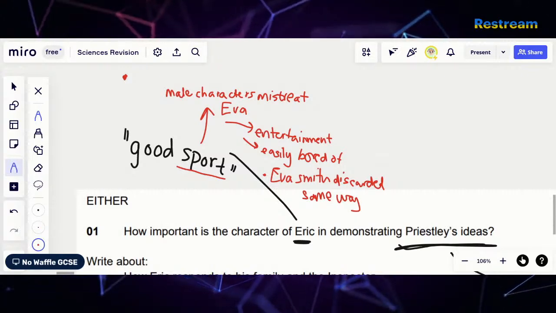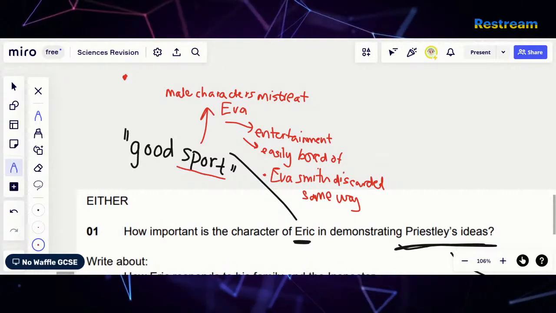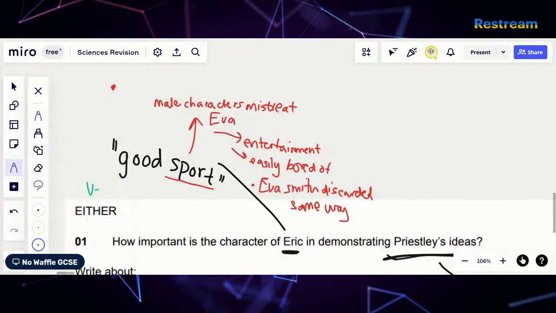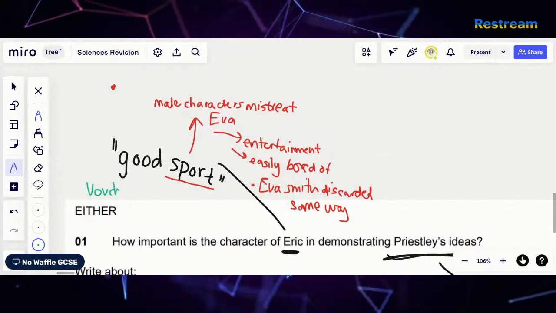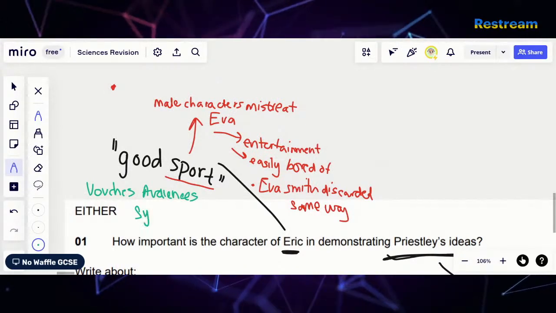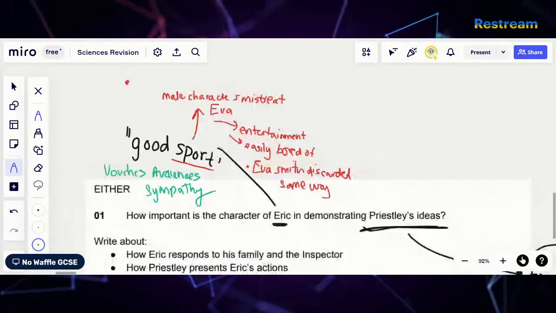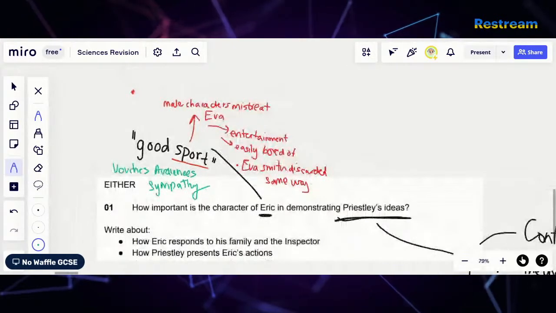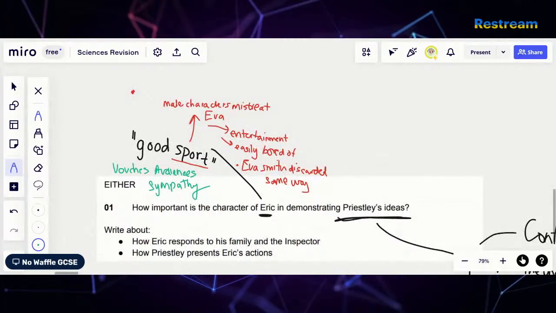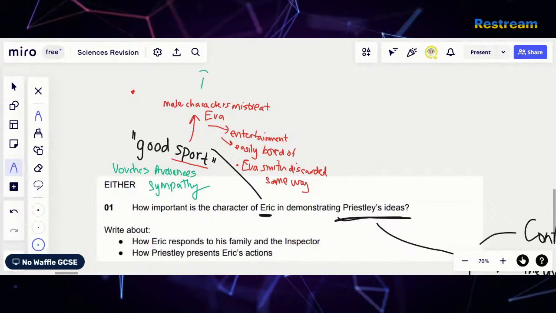The audience would like her because she is not only good looking and a victim, but also a young woman, which vouches for the audience's sympathy. So that's definitely one quote I would talk about, and how Priestley uses Eric to characterize male characters' mistreatment of female characters and vouches for the audience's sympathy. So that's one point.